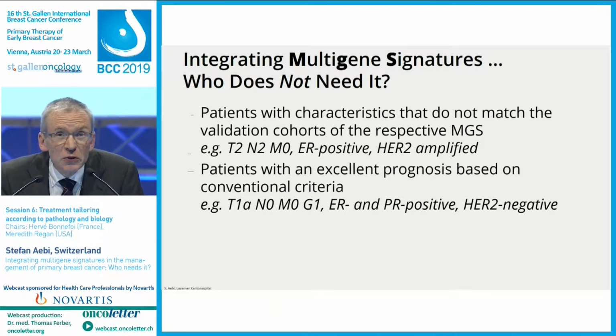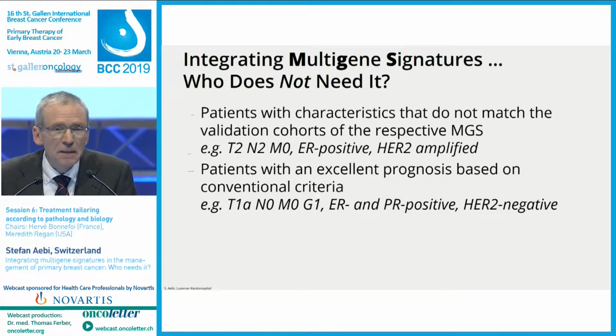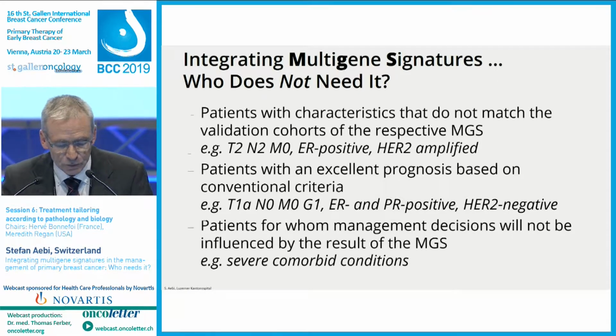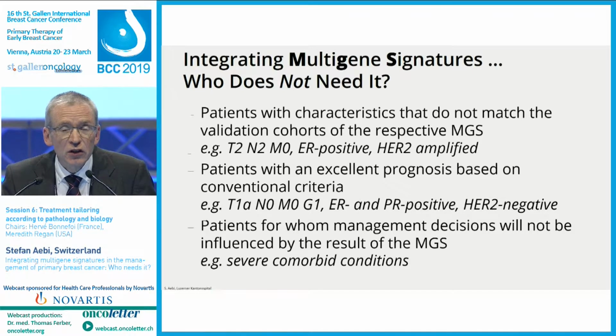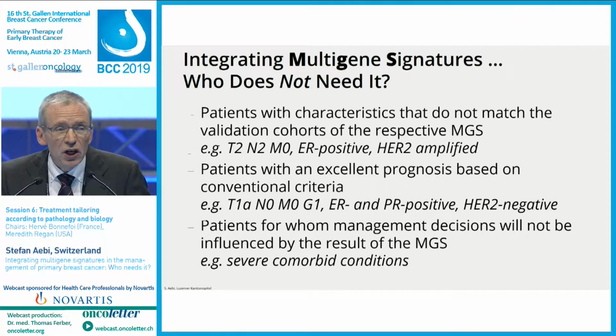The example I show you here would not have fit into the validation cohort of any study. This is too low a risk, and they would not have been included in TAILORx or any other of these treatment trials. And again, patients for whom the management decisions will not be influenced by the results of the MGS don't need integration as well. For instance, a patient with very severe comorbid conditions will have competing risks that outweigh any potential benefit of additional treatment.